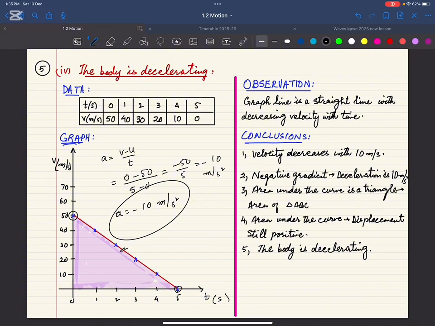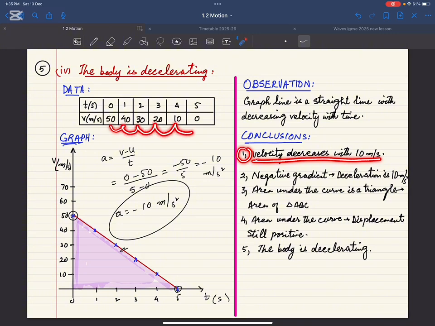So what is the graph this time? Simply, the graph is a straight line with velocity decreasing with time. The first point we observe is that the velocity decreases by 10 meters per second each time.